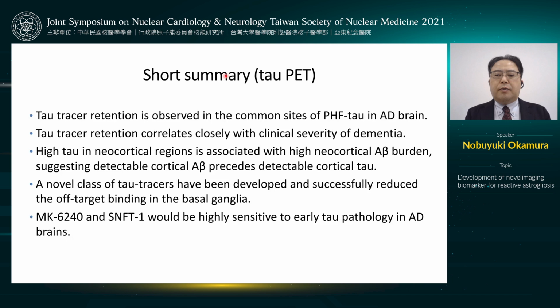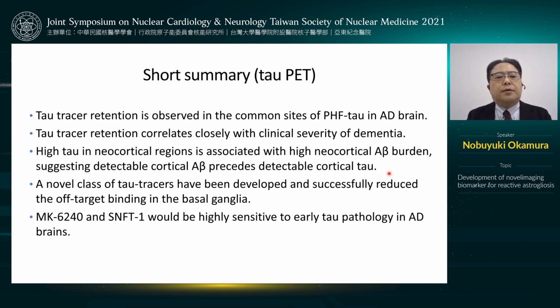This is a short summary of the tau PET imaging. Tau tracer retention is observed in the common sites of PHF tau in AD brains. And tau tracer retention correlates closely with the clinical severity of dementia. High tau in neocortical region is associated with high neocortical A-beta burden, suggesting that detectable cortical A-beta precedes detectable cortical tau.